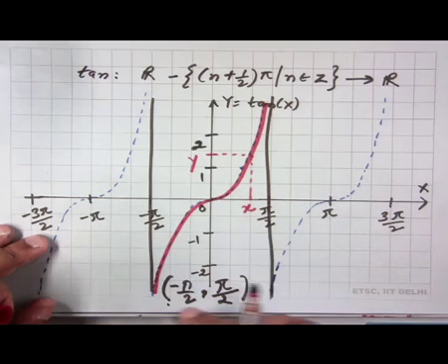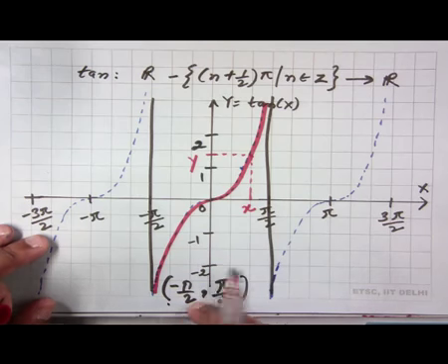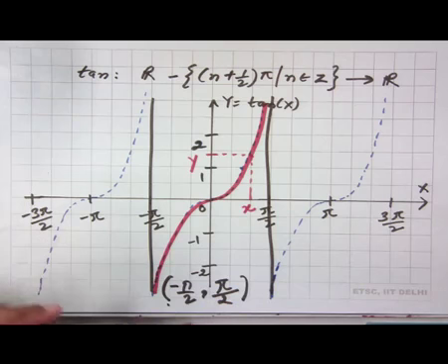So, again for the tan function, by restricting the domain to the open interval between minus pi by 2 and plus pi by 2, the inverse of the tan function can be uniquely defined.